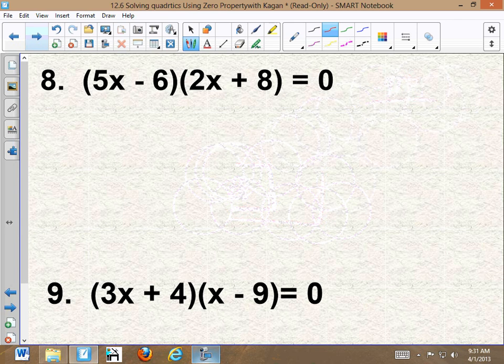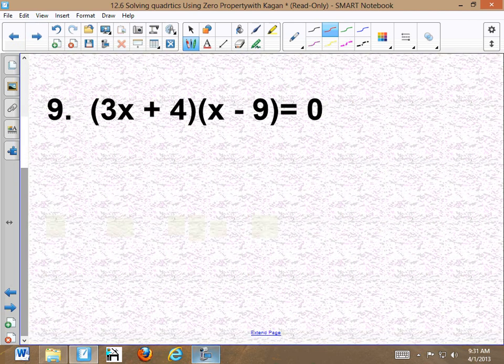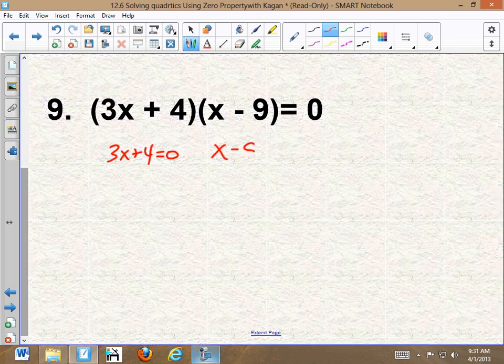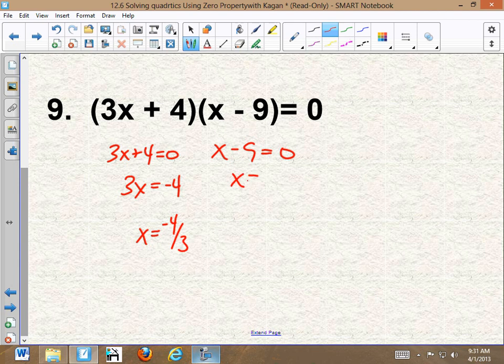So you do not have to multiply this back out. All you have to do is take what's inside your parentheses, set it equal to 0, and then solve for x. Easy, right?